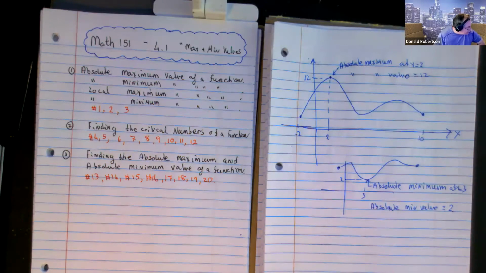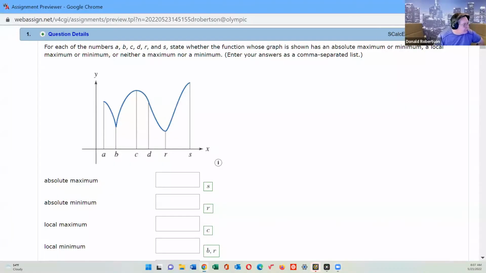It does get a little bit grey when you look at functions that have absolute max and mins that are not the top of a hill or the bottom of a valley, which is very common for where they are, right? But an absolute max can be in other places. So since the first 3 questions in your homework are really graphs, let's just use the graphs they've got.